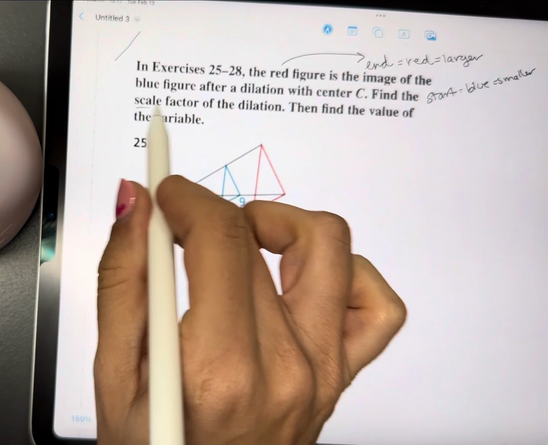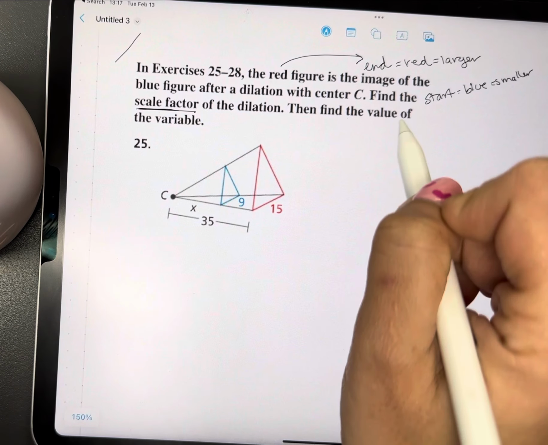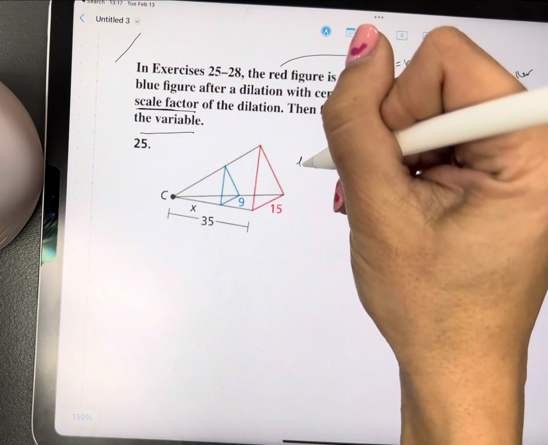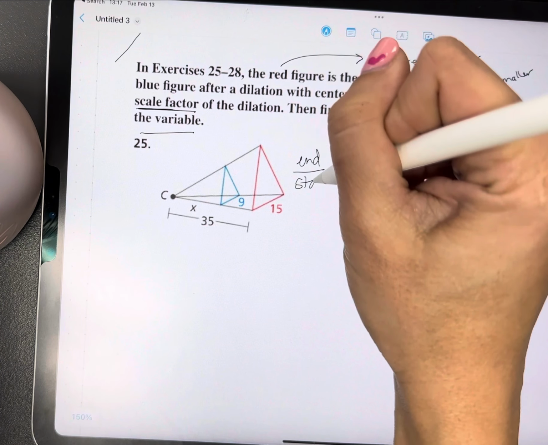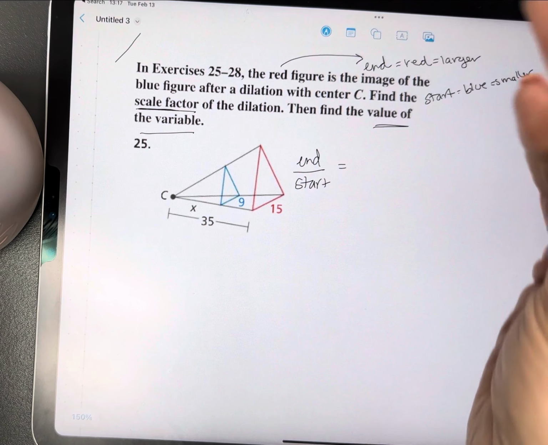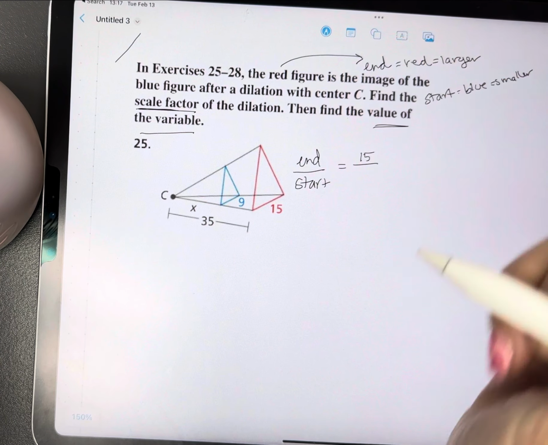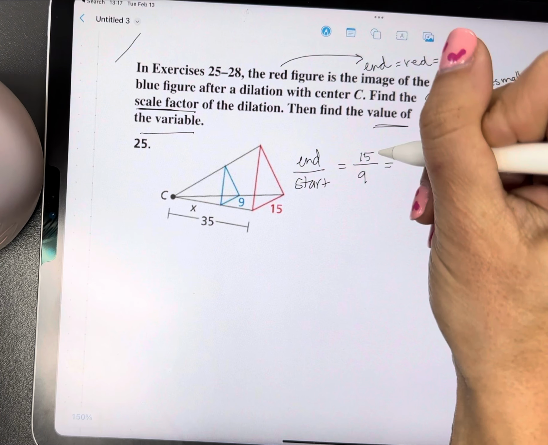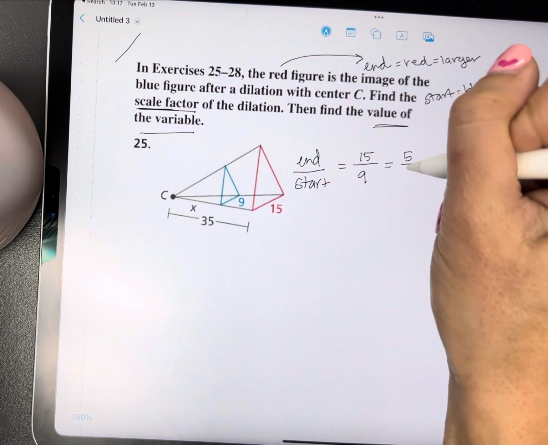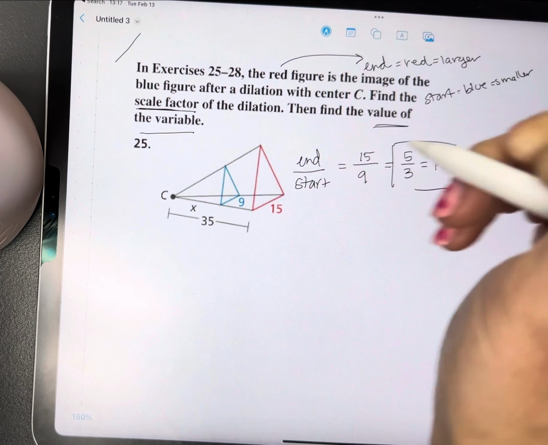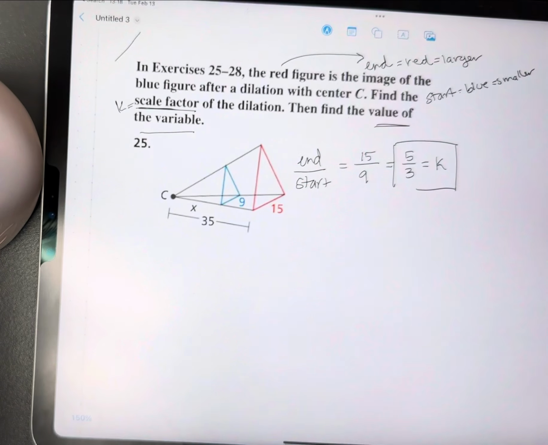Find the scale factor. Find the value of the variable. Okay, not a problem. I will just take end over start. So end being larger being 15, over start being smaller being 9. And then this reduces if I divide everybody by 3 to 5 over 3. This is K, the scale factor. Don't forget to call K the scale factor.